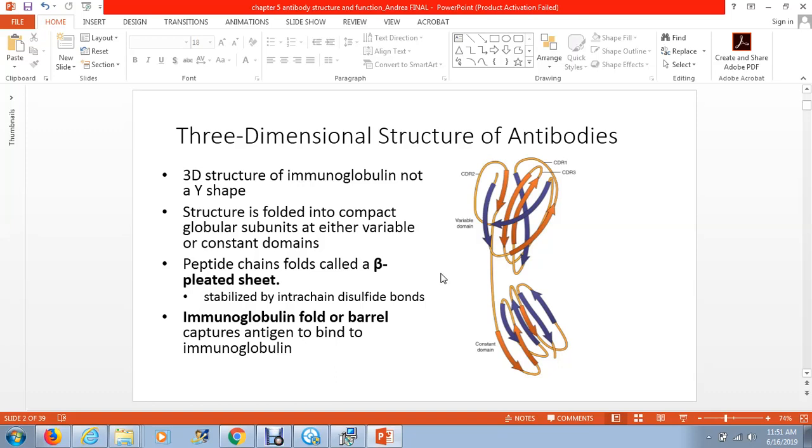So the hypervariable region is the site of actual immunoglobulin antigen binding within this immunoglobulin fold or barrel. Imagine there being a little place in here that you can bind in an antigen. I'm trying to remember if I have a picture. I don't have another picture.